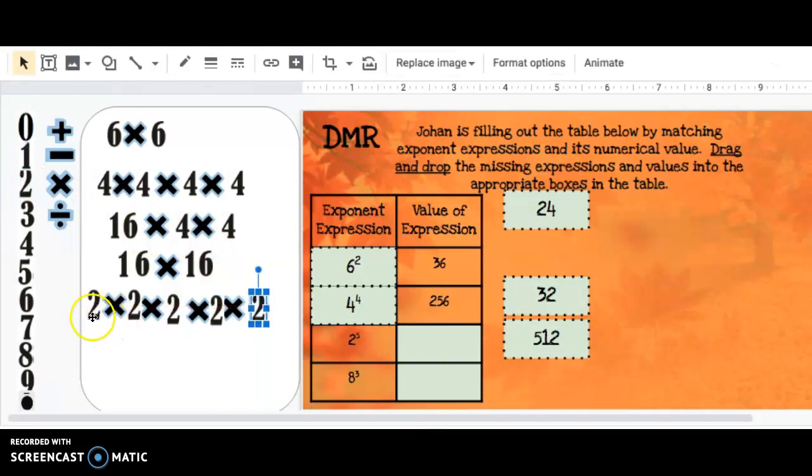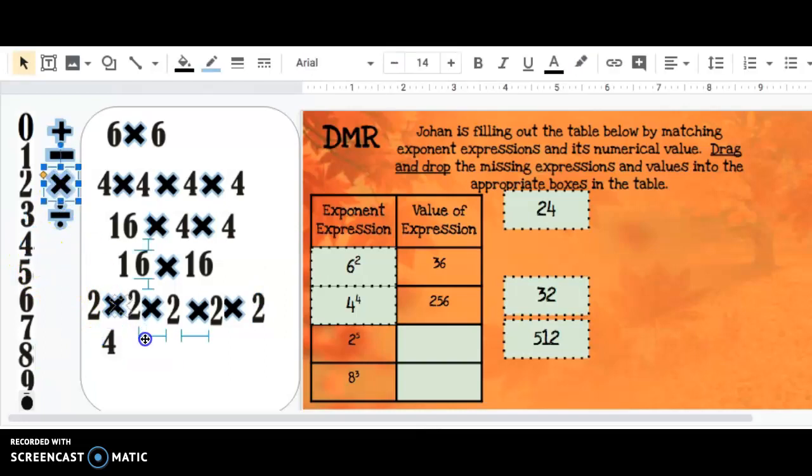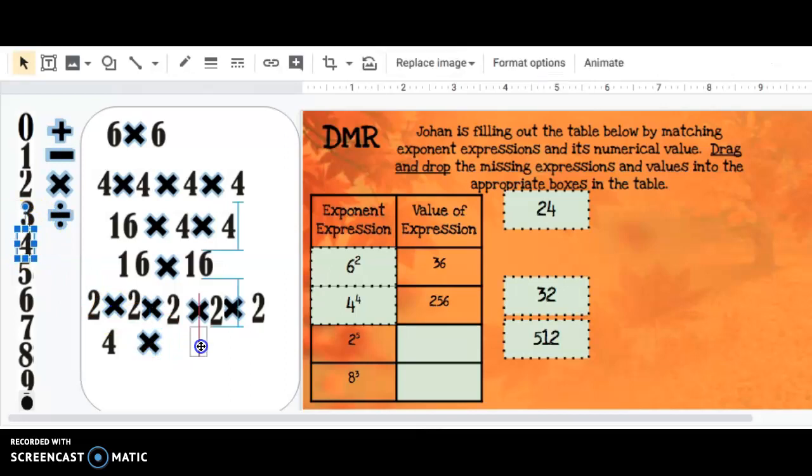So my first group of 2 would be 4. I'll bring down that times sign. And I have another group of 2s, so that'd be another 4. Bring down this times 2.